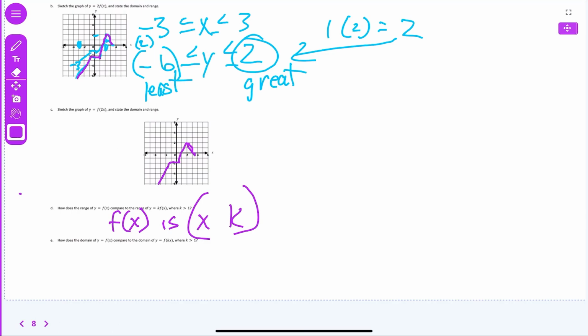How does the range of f of x compare? Don't worry about that one. You won't have anything to do there. Letter E says, how does the domain of y equals f of x compare to the domain of y equals f of kx, where k is greater than 1? Okay.